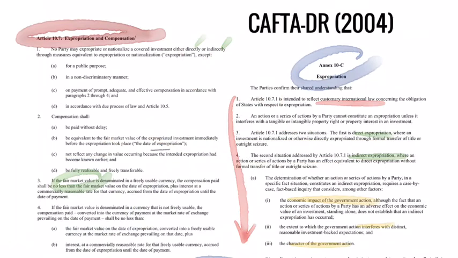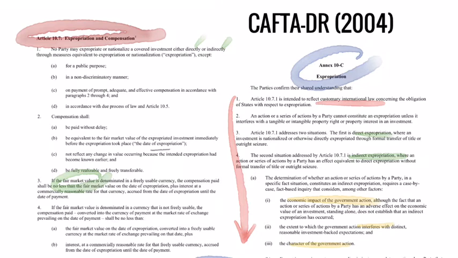Another example that I want to show you is the CAFTA-DR 2004 treaty, a free trade agreement between Central America, the Dominican Republic, and the United States of America. This treaty contains investment provisions. If you look at the provision, it covers direct and indirect expropriation. Notice the usage of the words direct and indirect.